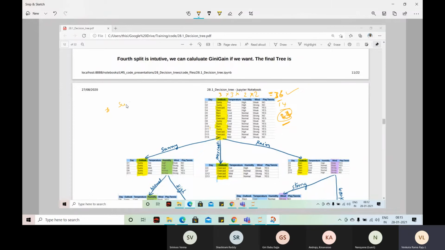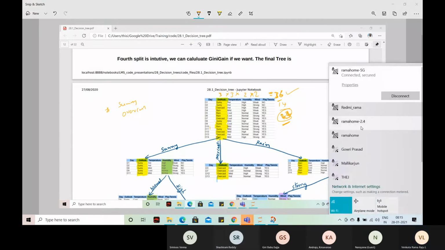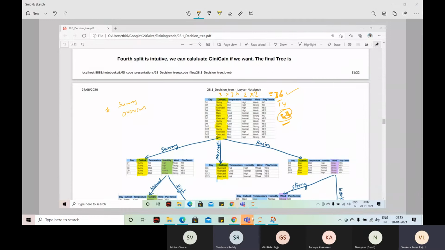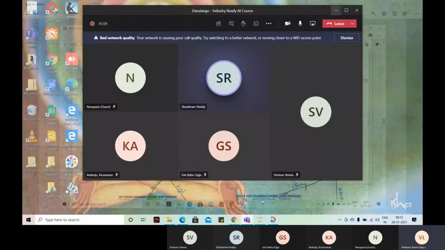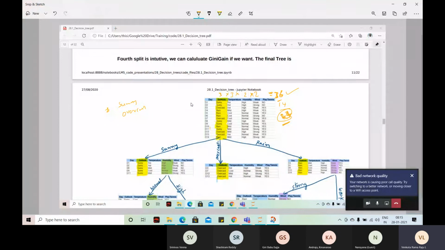Let me try to take sunny and overcast. Suppose only two categories are there in outlook and two categories are there in temperature, hot and mild.